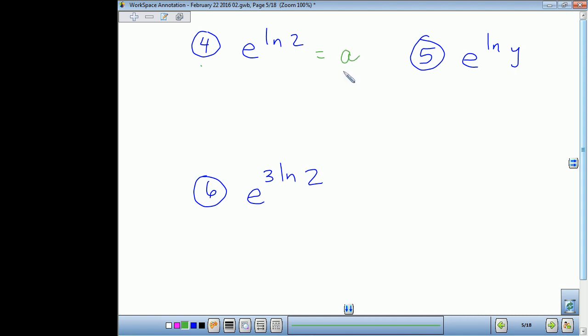If we switch forms, it becomes log base E of an answer equals the exponent. Well, we would never write log base E, it's ln. So the only way this can be true is if this equals this, so my answer is 2. When the base matches the base, it ends up being this.